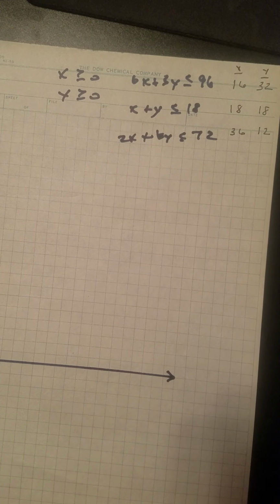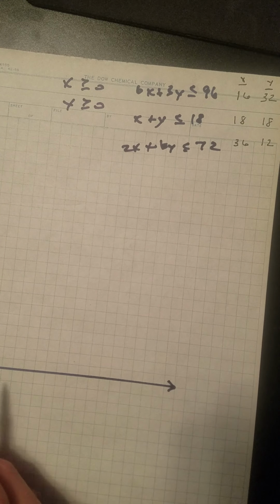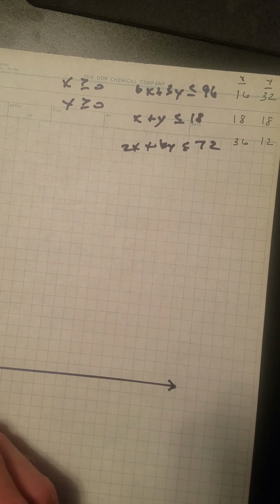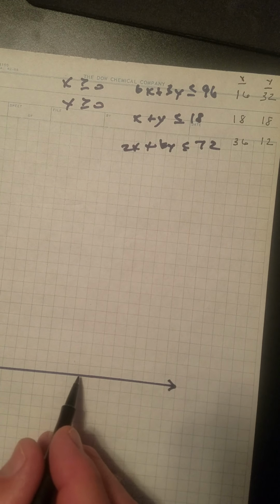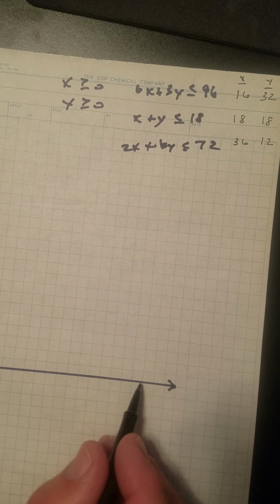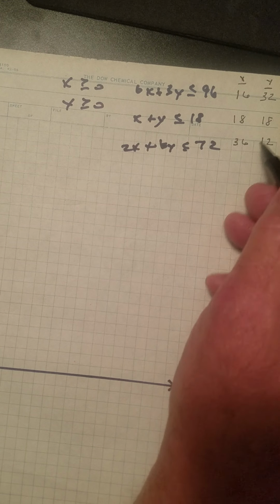So now, coming down here, let's see, how do we want to divide this up? Well, let's just count them. 1, 2, 3, up to 18. 36 is my biggest number here.